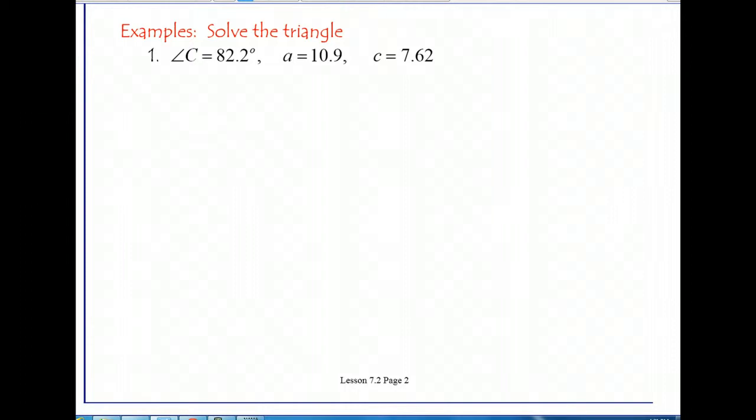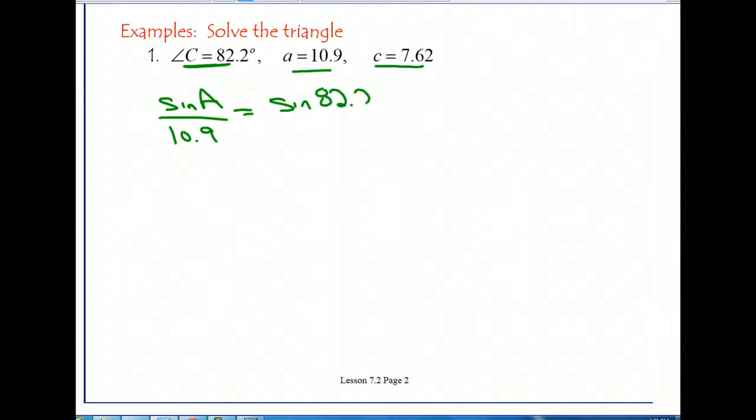Okay, how do you start this problem? Well, we have both parts of C. We have one part of A, so let's get angle A. So I'm going to write sine of A over A equals the sine of 82.2 over 7.62. So this looks like a correct setup for the law of sines.